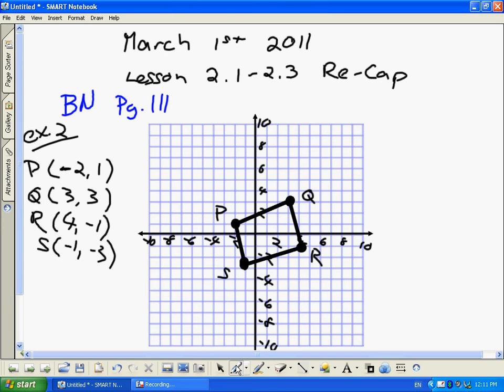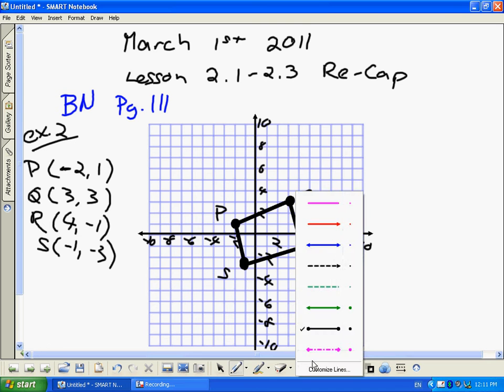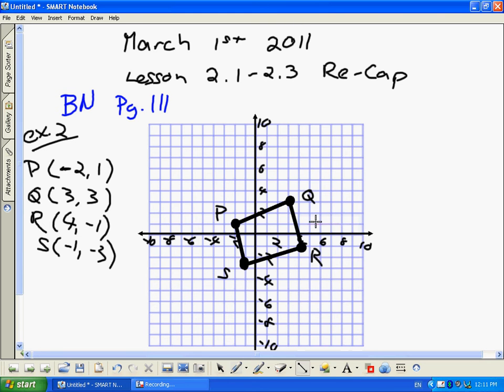They want us to verify that the diagonals, the two lines that go through the middle of the parallelogram, connect opposite vertices. So let's do them in red here. From Q to S, that's one of the diagonals. The other diagonal goes from R to P. Okay? So we have our two diagonals here, and we need to verify they bisect each other.